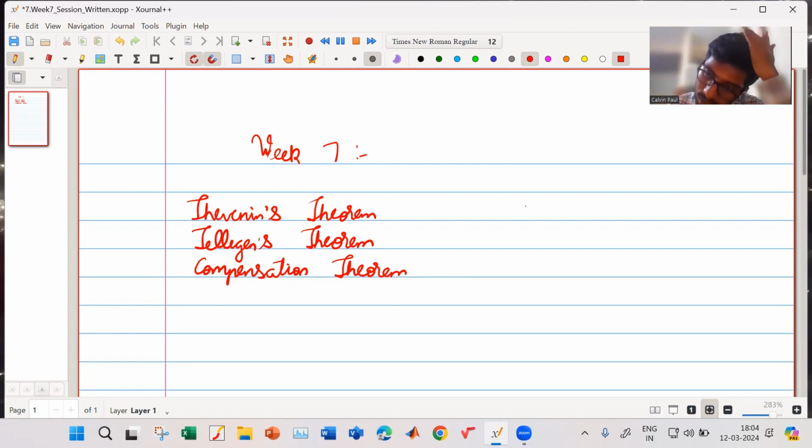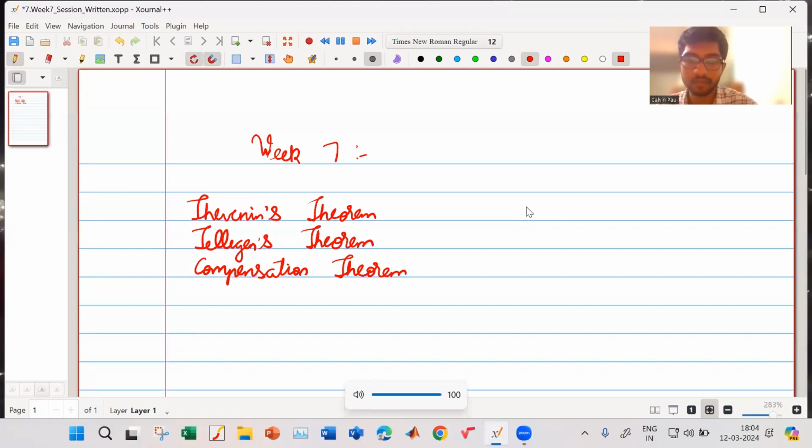Can anyone tell me what is the most basic theorem which is applicable to linear systems? It's a very famous theorem which we use in their proof, in Thevenin's and compensation theorem. Yes, the superposition theorem.